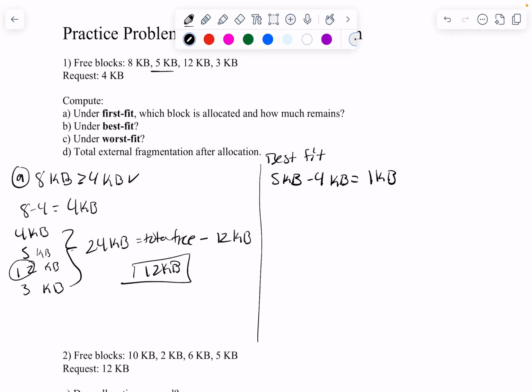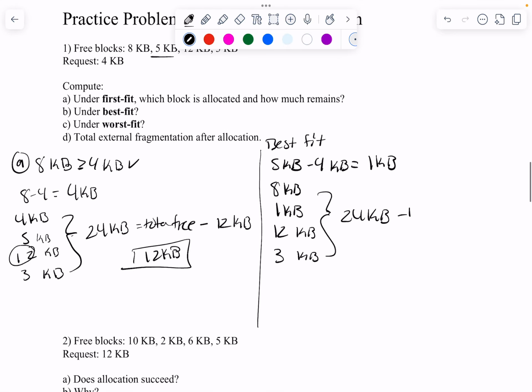Now, our new free list will be 8, 1, then 12, and 3. And adding all of this up, we're again going to get 24 kilobytes, and our largest block, again, is going to be 12. And when you subtract these two together, we're left with 12 kilobytes for external fragmentation.